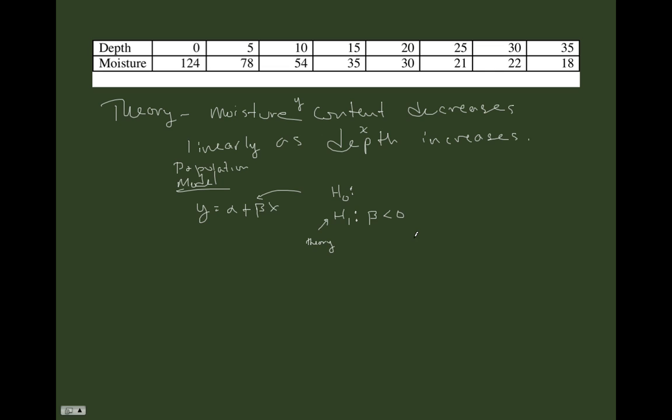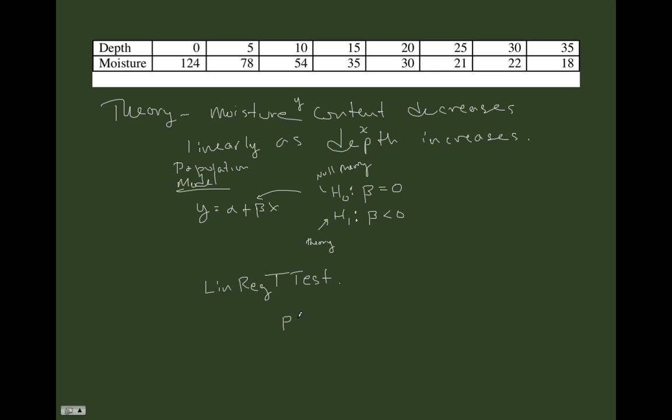If the theory is true, the slope of the line should be less than 0. Now the null theory, our nothing theory, is that there's no relationship between the variables. That's always the null theory for a linear regression analysis. Now we're ready to do our lin reg t-test and see what the particular values are.